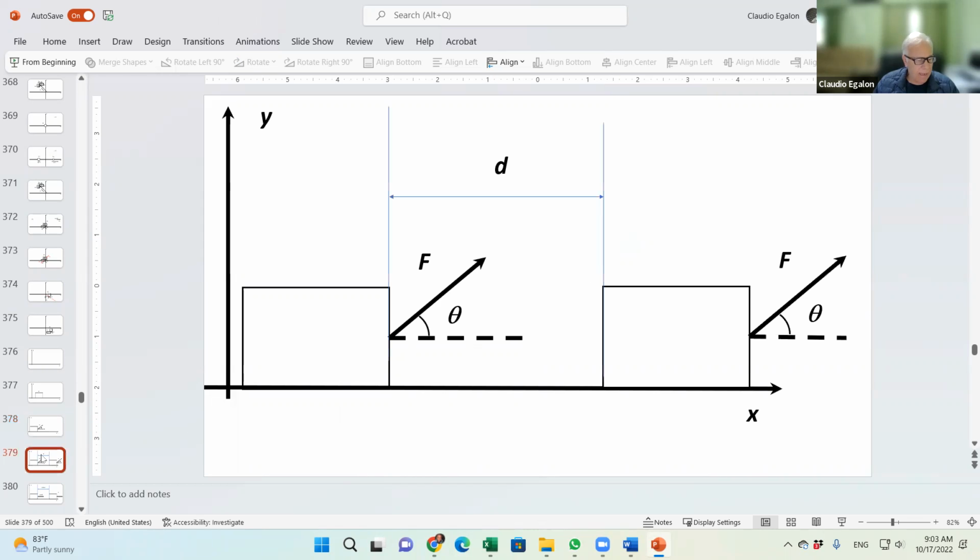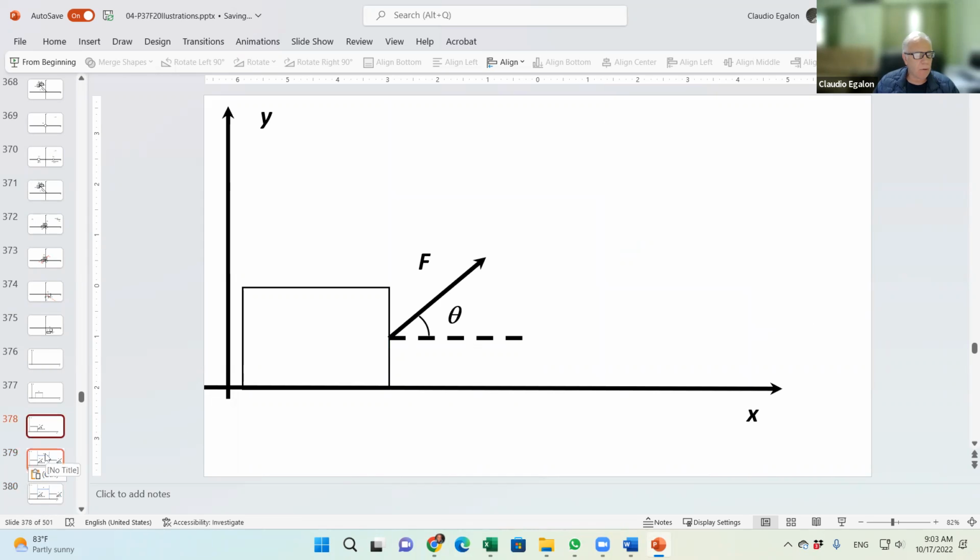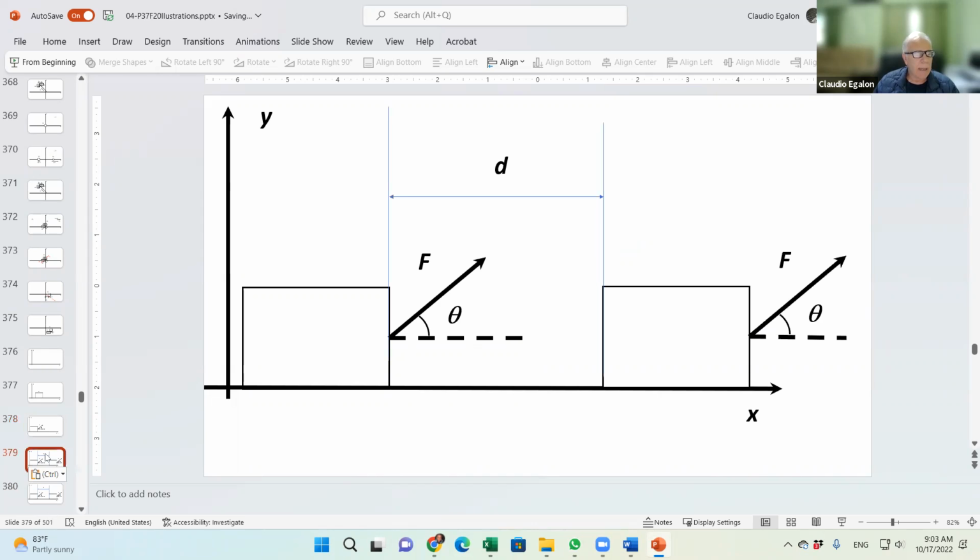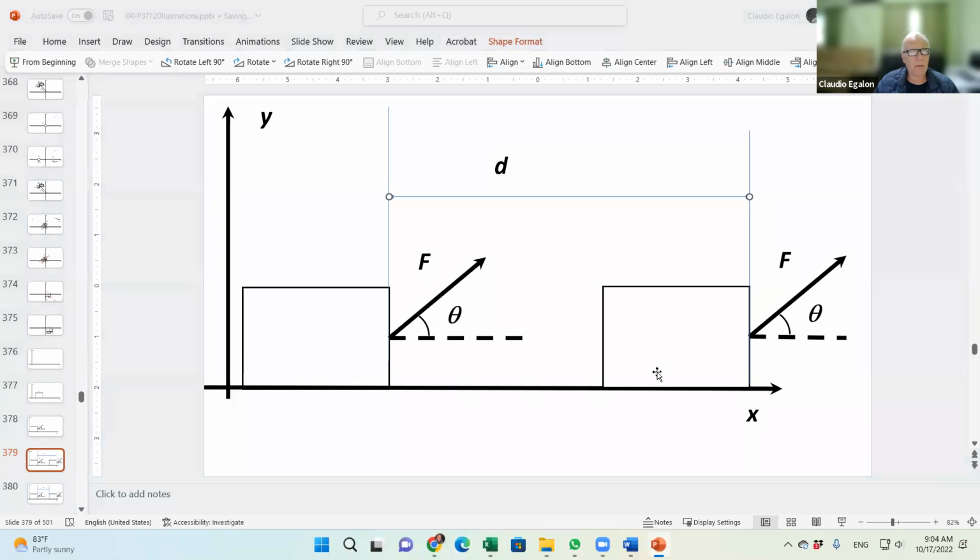So what happens next? Because this object is subjected to a force, it may be able to move, right? And in this case, this object is moving a distance d. The force is not changing as the object moves.